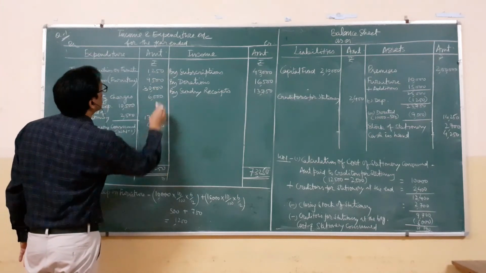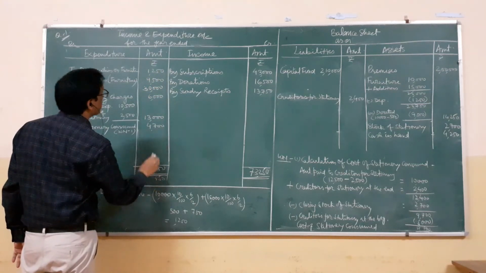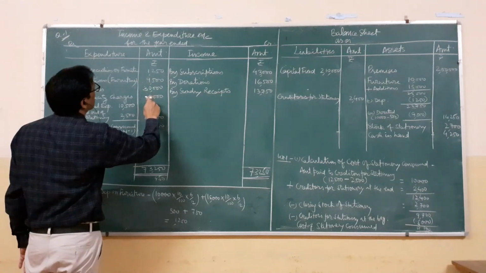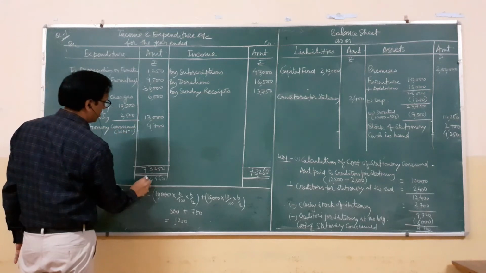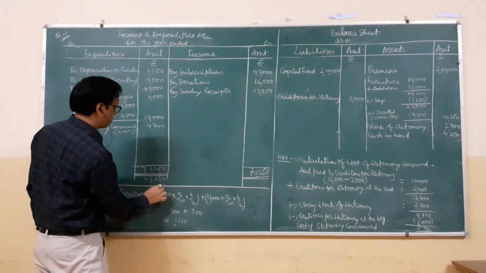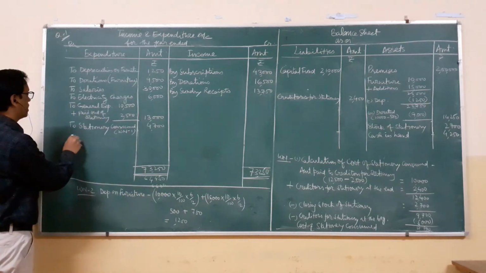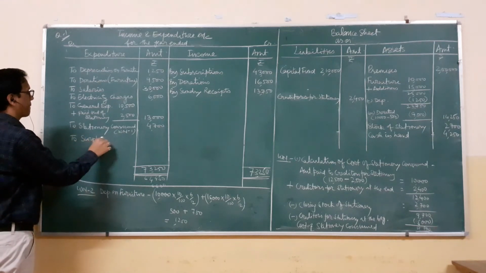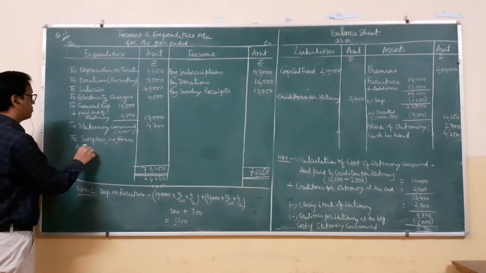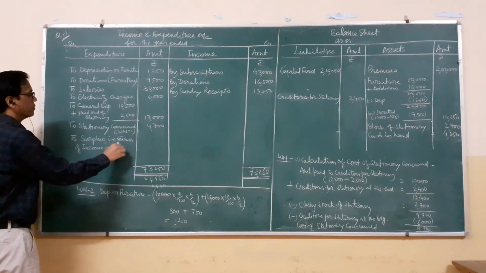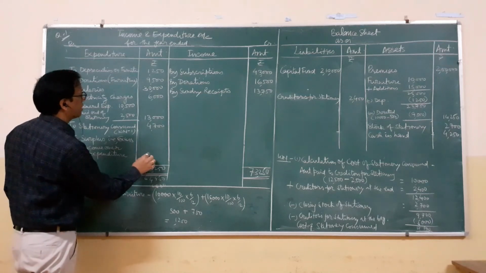Now we total it minus 7, 7, 14, 9 to 11, 11, 6, 17, 24, 5, 6. So it is 0, 0, 8, 8. 8,800 is our surplus. So we write here surplus, that is excess of income over expenditure, 8,800.